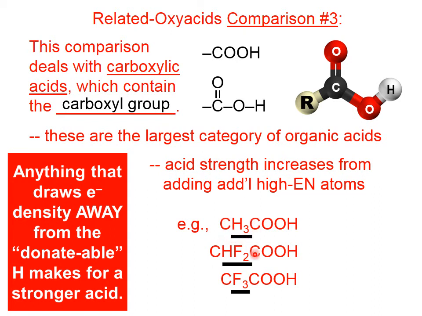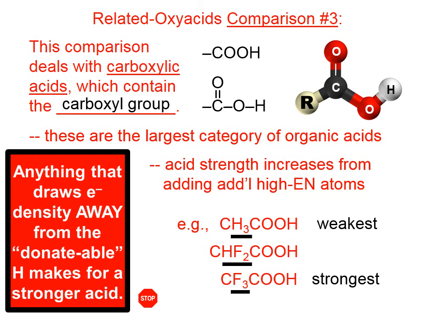The middle one has 1 H and 2 fluorines, and the one on the bottom has 3 fluorines. Which of those is best going to be able to draw electrons towards it? That would be the one on the bottom. So we would predict that it would be the strongest acid, and the one on the top would be the weakest.